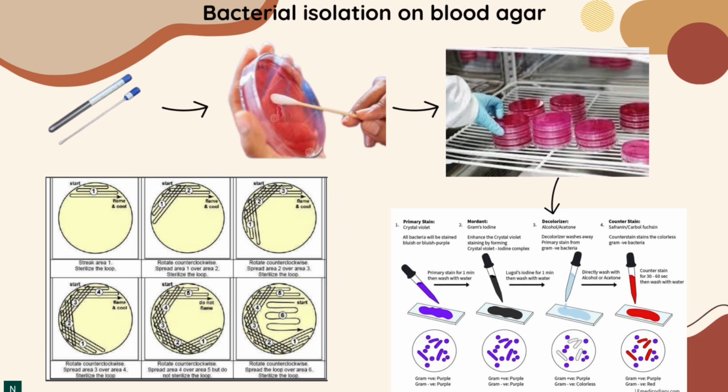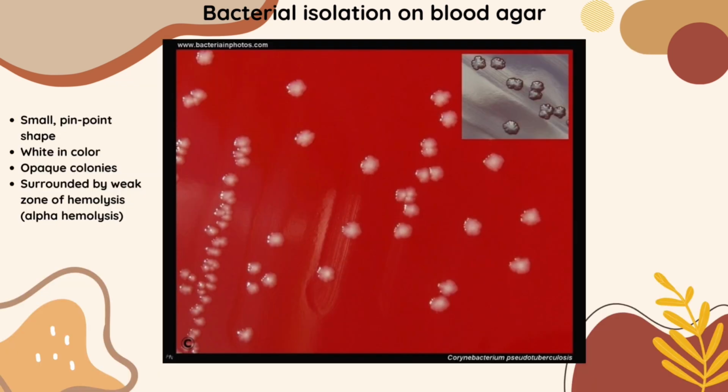Check the plate's growth after 1 to 2 days of inoculation. Look for the characteristic colonies that may appear. After that, isolate the colonies to undergo the gram staining procedure. Observe the characteristic of the bacteria shape under microscopic examination. This is the result from the bacterial isolation procedure on the blood agar.